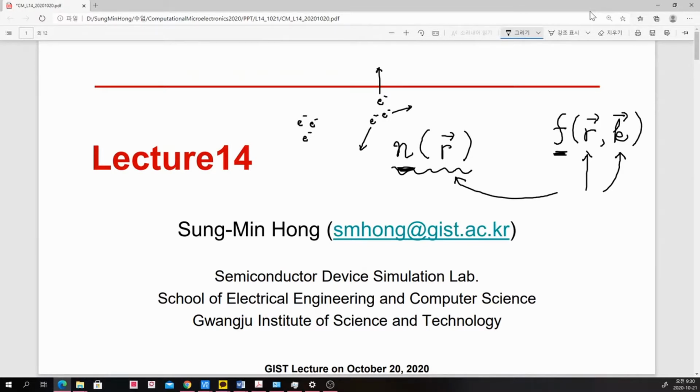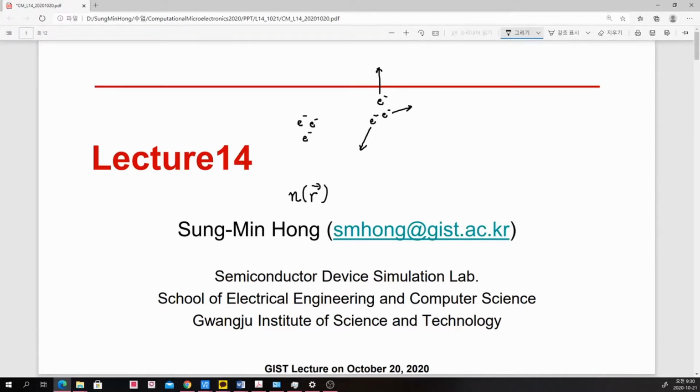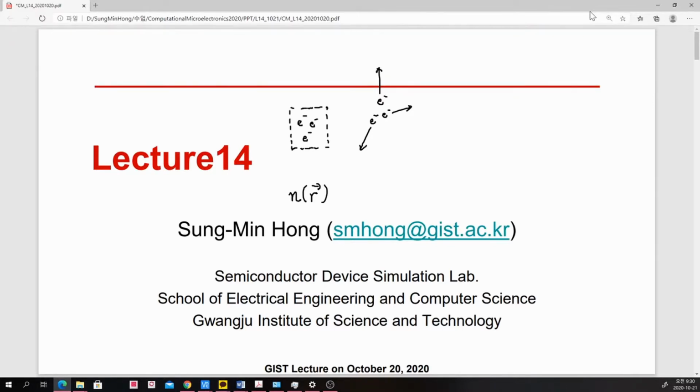However, if we just describe the number of electrons at a given position, then we will say, oh, there are 3 electrons in a box, so the density will be 3 divided by the area or volume of this box.